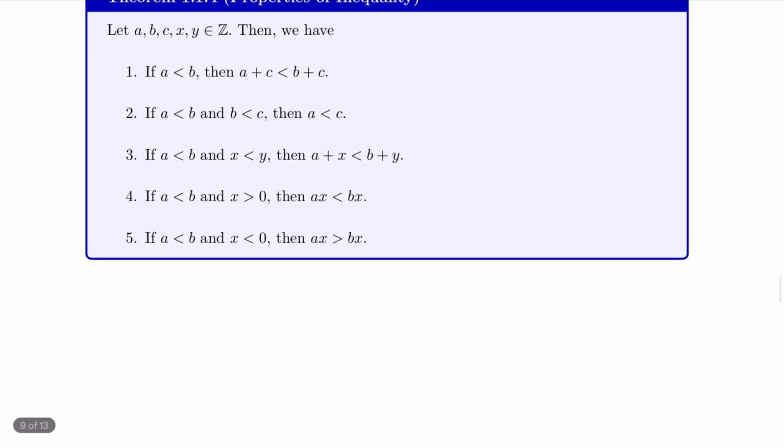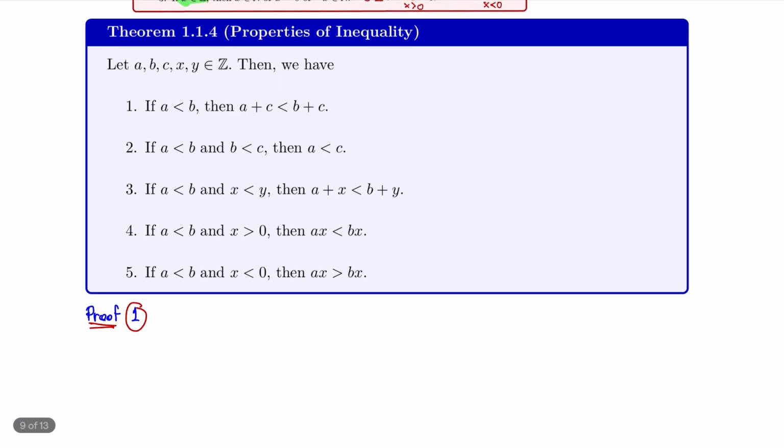We start with the first one, number one. So what I want to do is let a, b, c, x, y be integers.